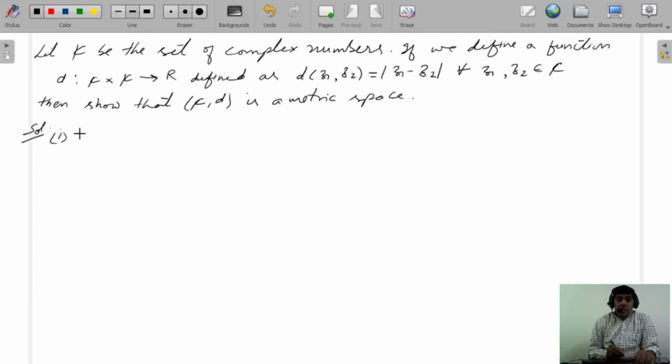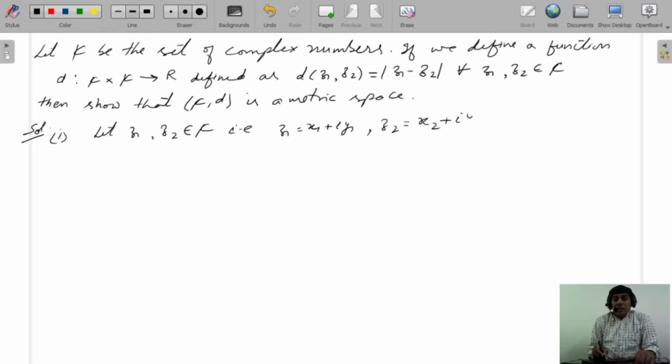First, let z1, z2 belongs to C, that is z1 is equal to x1 plus iota y1, z2 is equal to x2 plus iota y2.